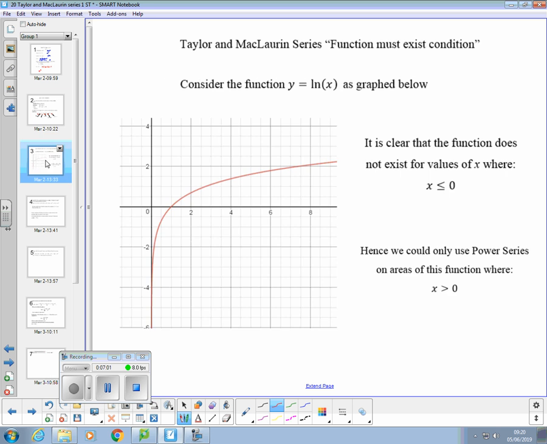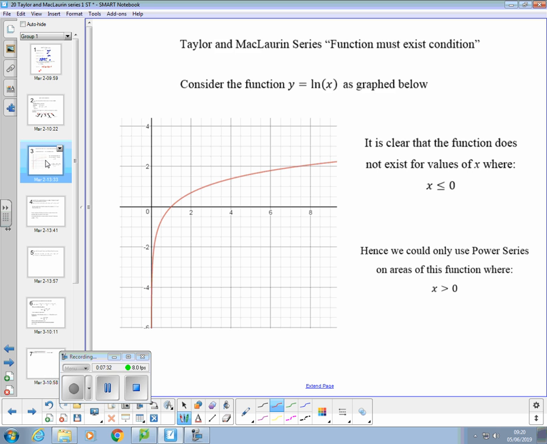Now, the function must exist: that's a condition. One of the conditions for being able to express a function as a power series is that the function must exist at the point of interest. What I mean by the point of interest will become clearer as we do some examples.